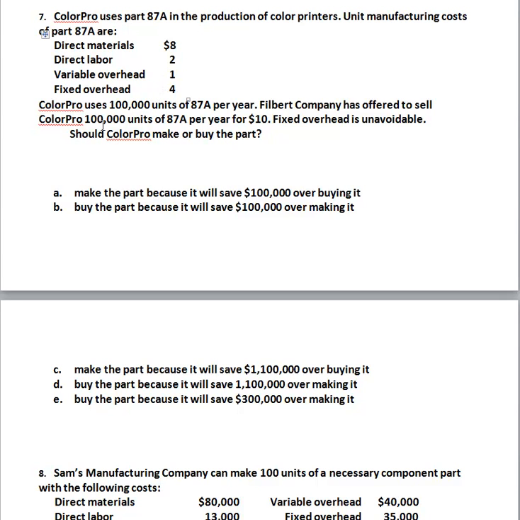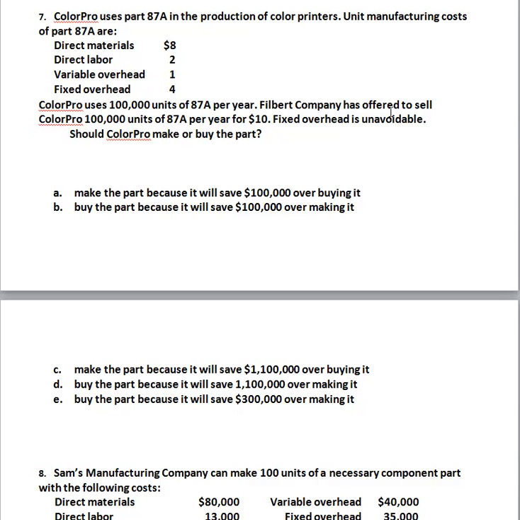So we can either make it ourselves or we can purchase it for $10. And it tells you that the fixed overhead is unavoidable. If it tells you that it's unavoidable, it means that total fixed cost is going to stay the same regardless. So whether we make the part or whether we buy the part, total fixed overhead is still the same. So it's irrelevant. We're going to leave it out.